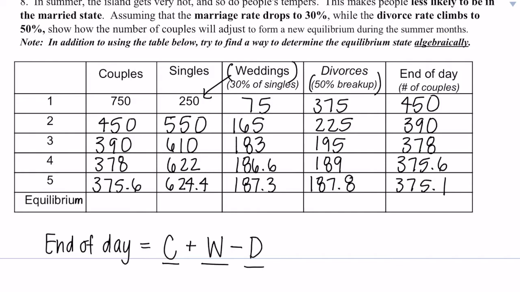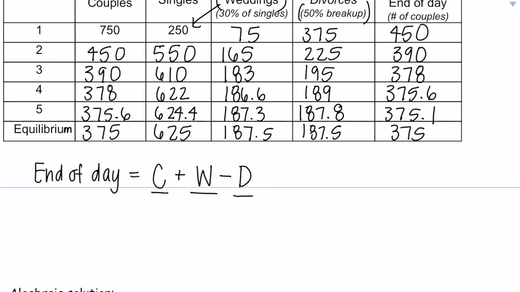And for the equilibrium, I will round this to 375. So that is our final equilibrium. It will always now remain at 375 couples, 625 singles, because the number of weddings equals divorces.